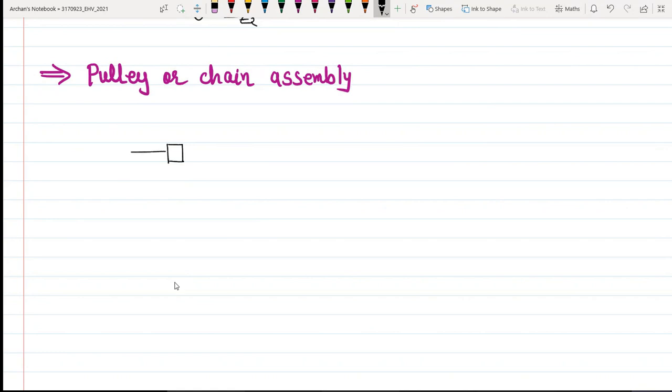So here is my first device. Okay. So I will give some input over here. So my input power would be T in 1, omega in 1, right? And now I am connecting this particular case with another coupling over here having some radius, and then this is connected to my output assembly like this, right? And second input I am providing over here.